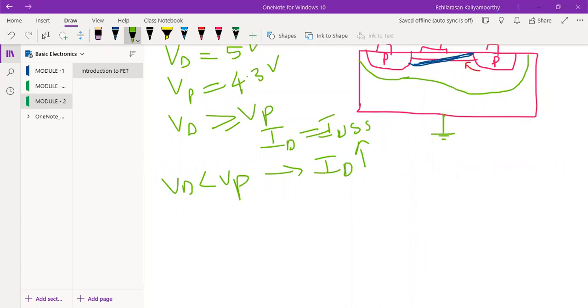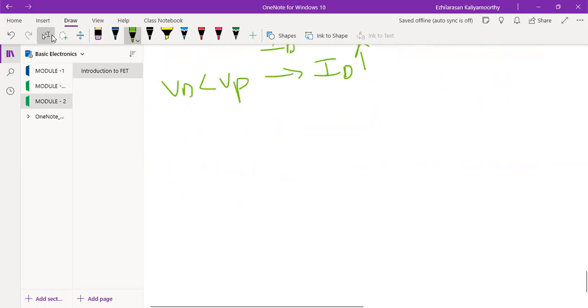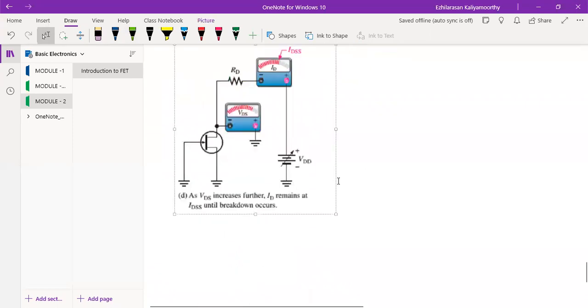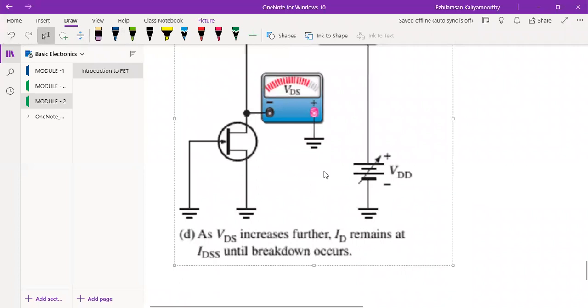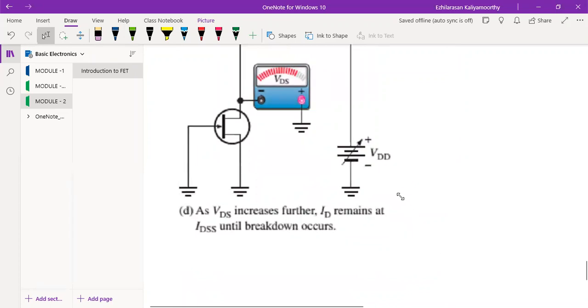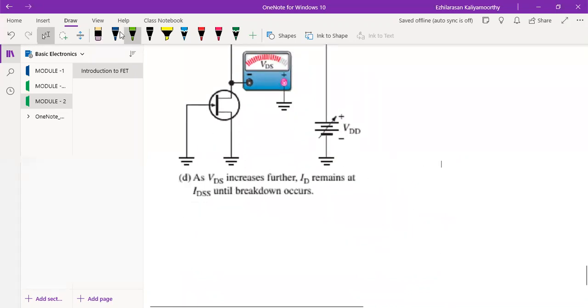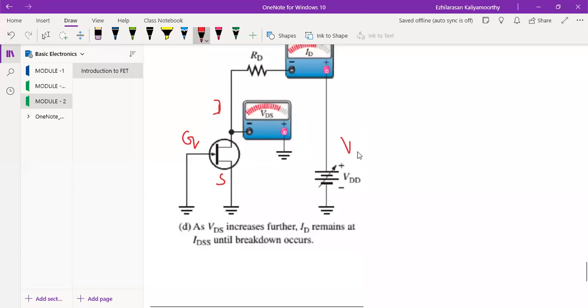Again, we have one more case here in the diagram. See here, in this case, still as VDS increases. This is the gate, this will be the drain, and this will be your source. Now what happened?